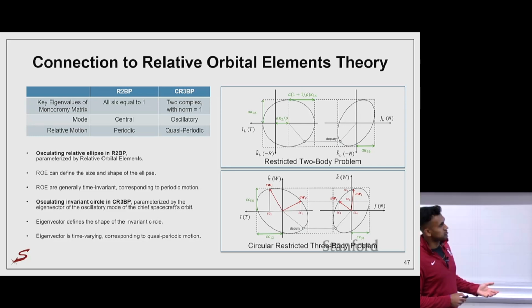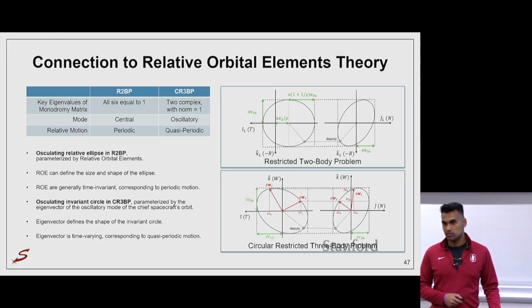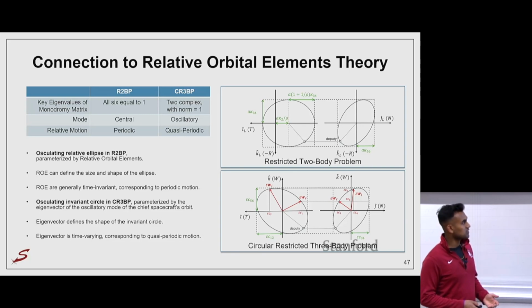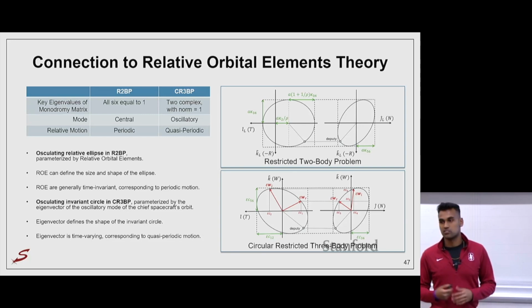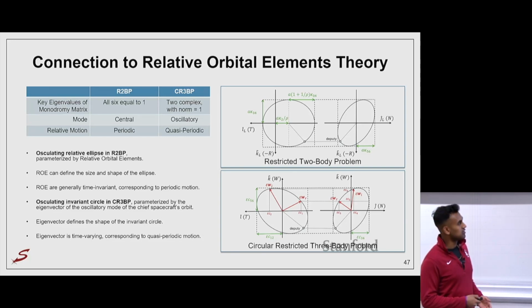In the circular restricted three-body problem, we have at least 2 complex eigenvalues that have a norm of 1, but they're complex, so this is an oscillatory mode. And that's how we get the quasi-periodic motion.